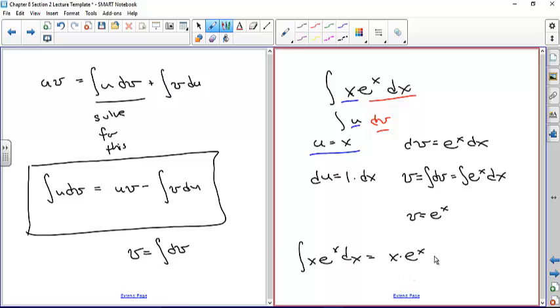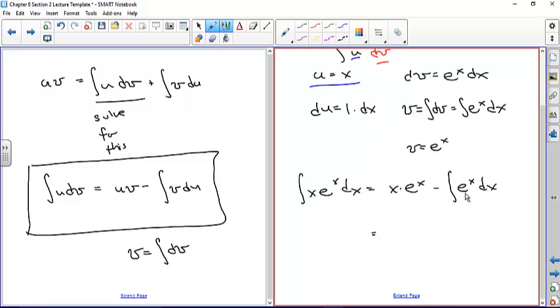And then I subtract the integral of v, which is e to the x, times du, which is just dx. And then, hopefully, I can integrate this now. Hopefully that second integral is integrable. This one wasn't integrable by itself, but this one is.